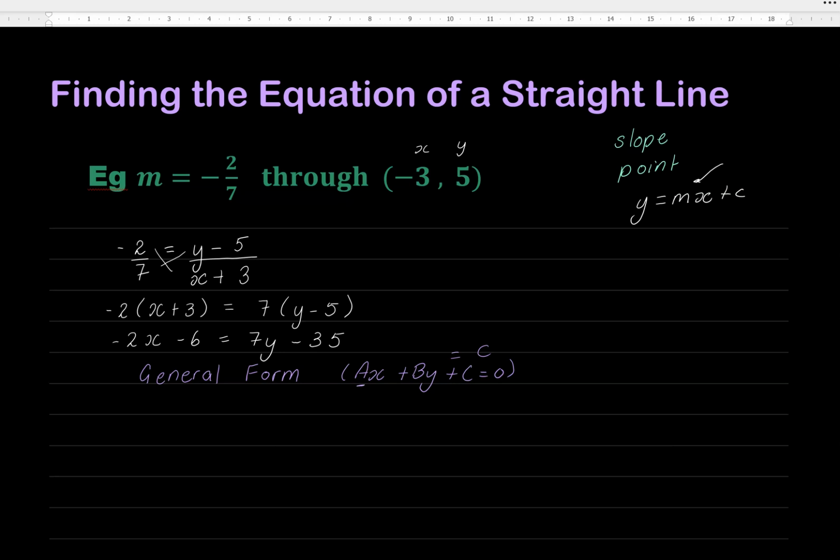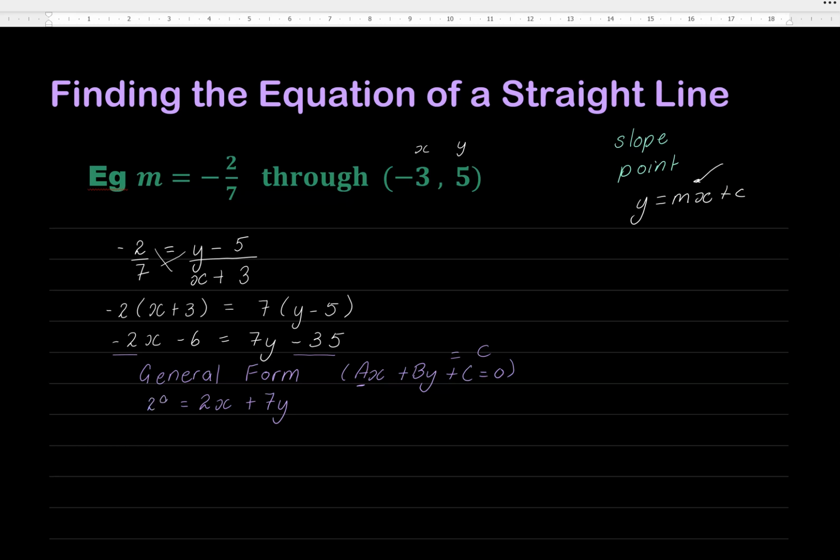We've got our minus 2x, so basically we're going to get our x's and y's on the same side. Now because that is minus, I'm going to go the opposite side. So that now becomes 2x plus 7y. Okay, so it's gone on the other. To get rid of a take 2x, we add 2x. And now to get rid of a take 35, I'm going to add 35.